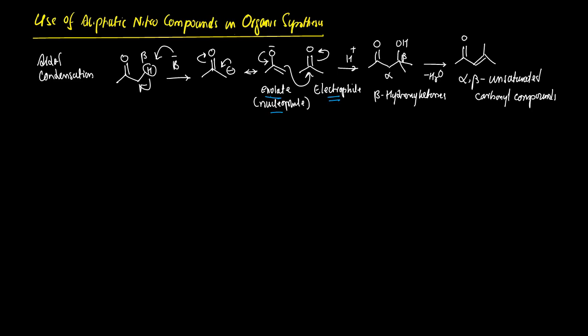For example, the most readily available nitro compounds are nitromethane and 2-nitropropane.